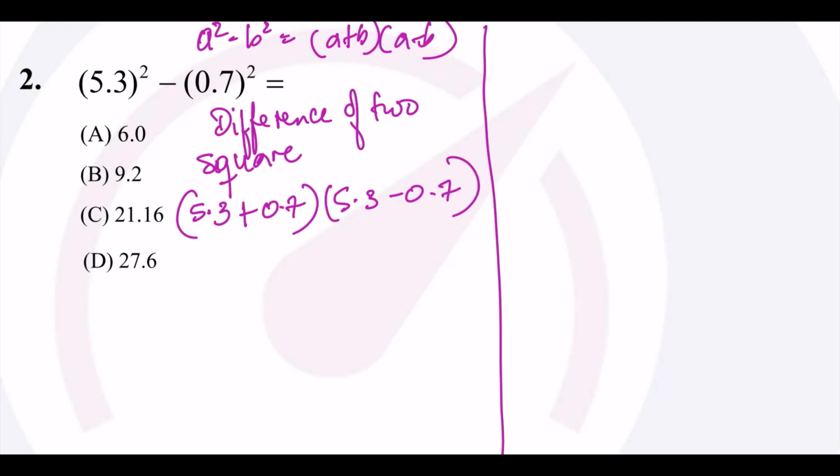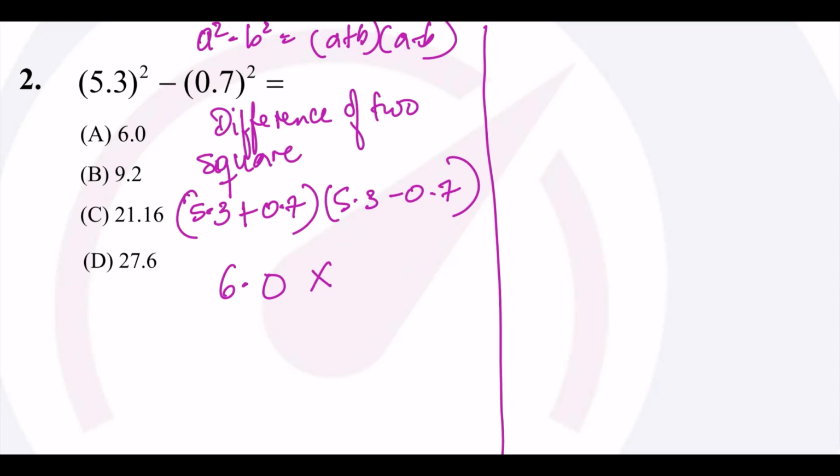So let's go ahead and add. If I add 5.3 and 0.7, we know that 7 and 3 is 10. Put down a 0, carry a 1. 5 and 0, 5 plus 1, so we get 6. Multiply by 5.3 minus 0.7.